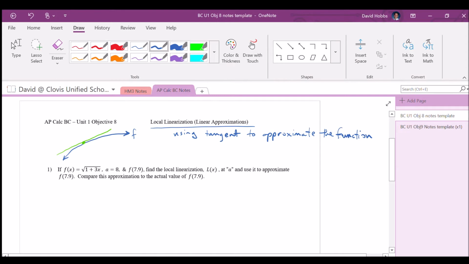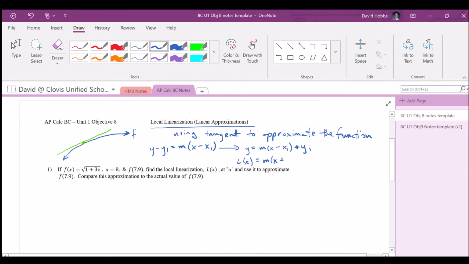And some books will actually come up with a formula and all that kind of stuff. But really, we're just doing a tangent line approximation, which is the equation of a line, y minus y1 equals the slope times x minus x1, and you put it into the y equals form, so move the y sub 1 over, and to make it local linearization, you trade the y for an L of x.